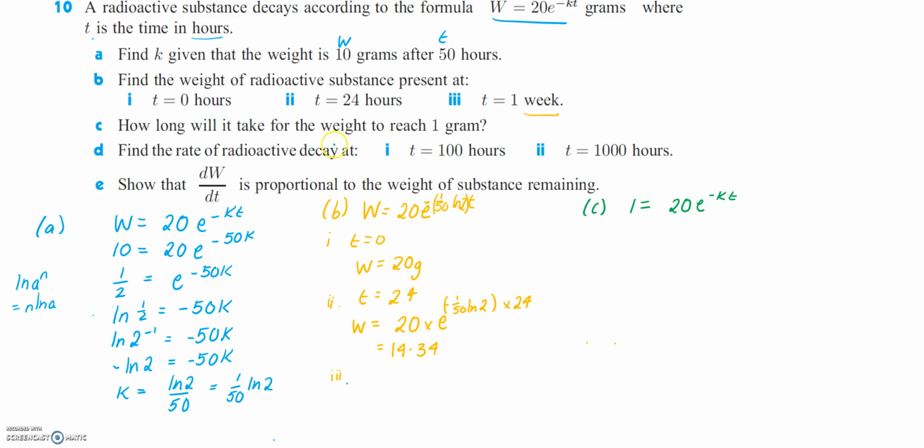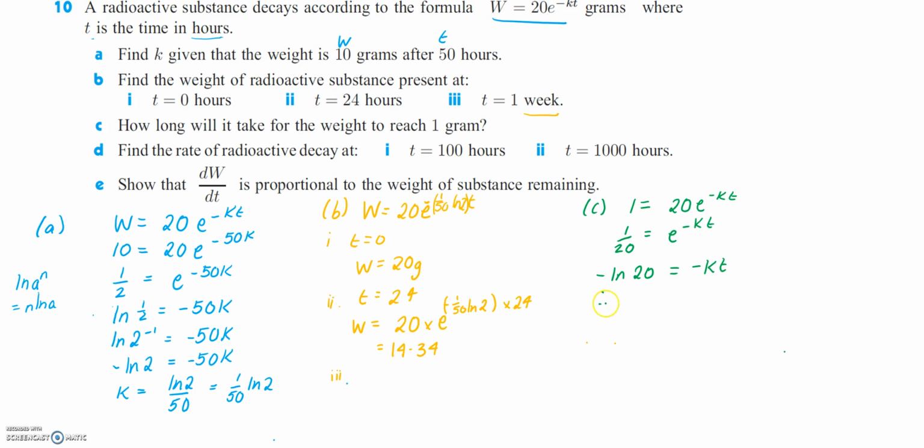So for c, how long will it take for the weight to reach 1 gram? So 1 equals 20 e to the minus kt. I've just gone back to using k because I didn't want to write that whole thing again. Similar to what we did in a, we're going to get rid of the times 20 by dividing. Then we will ln 1 over 20. Now I can write that as 20 to the minus 1, which means minus ln of 20. You could have just left it as ln of 1 on 20. I'm just tired of writing fractions, a bit over it.